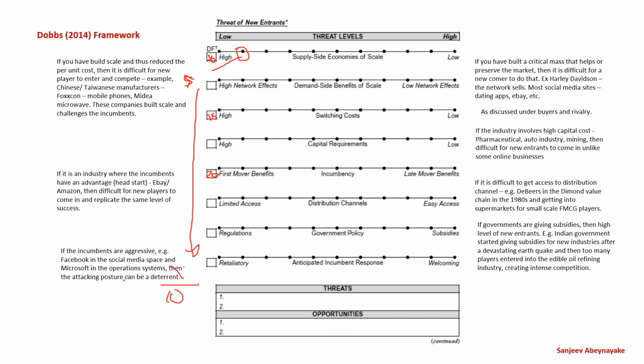That will tell you whether the threat of new entrants in that industry is very high or low. At the same time, you can extract information from this for your threats and opportunities analysis, not the full SWOT. Remember, the five forces framework helps you with the external analysis. So that's threat of a new entrant.